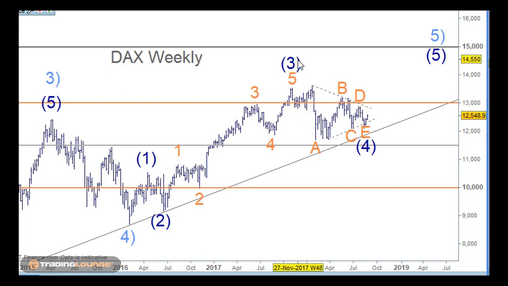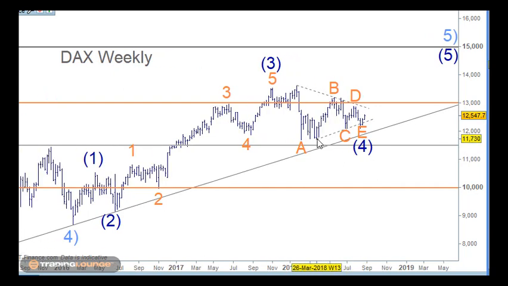We've been looking at this as a triangle pattern, but I also know it can be counted like the Nasdaq and the S&P 500, in terms of this being up for wave 1, back for wave 2, up for wave 1, back for wave 2. Not that it matters at this stage, but we'll just continue to watch this.